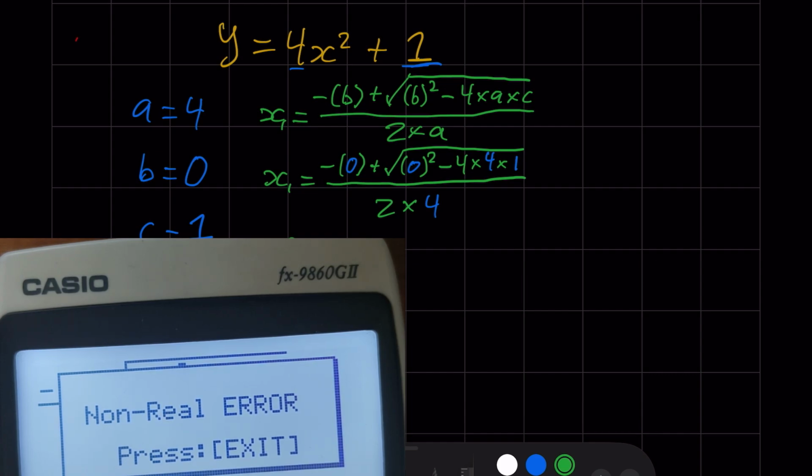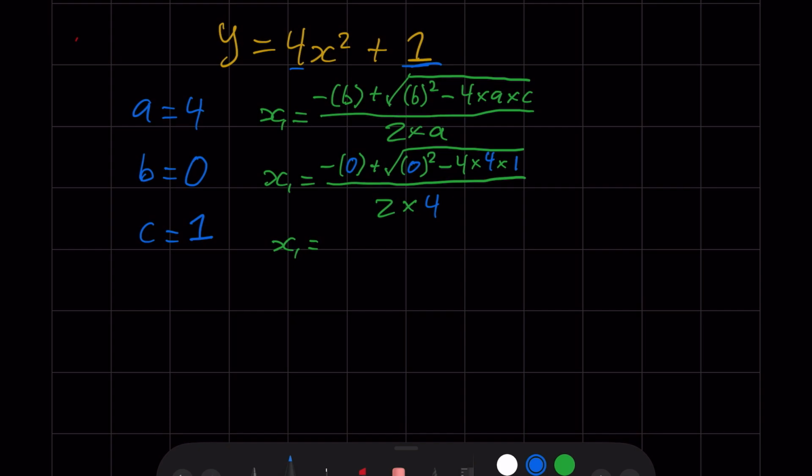creates a graph where there is no x-intercept. These three values that we have for a, b, and c create a graph where there are no x-intercepts. So my answer, I write, is no solutions, or no x-intercepts.